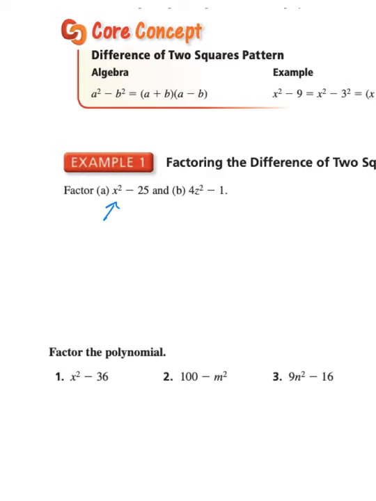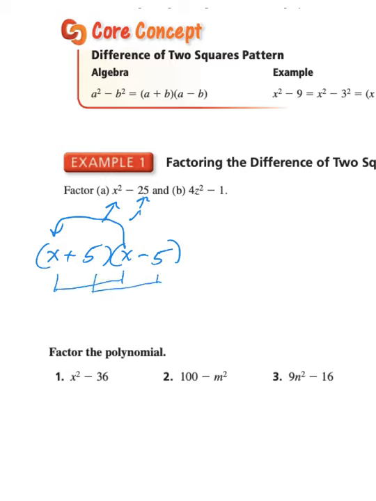So if you can remember, x squared minus 25, going in reverse, we take the square root of the first term, which is x, and we take the square root of the second term, and we put it here. We make one plus, and we make one minus. And that's the factorization of that. If you multiply those out, you get x squared minus 25, right? Do FL, firsts and lasts. X squared minus 25.